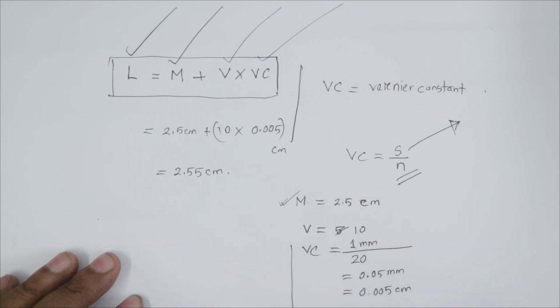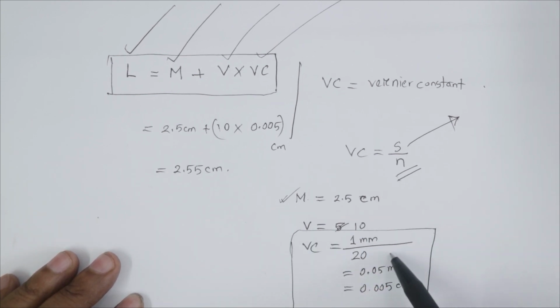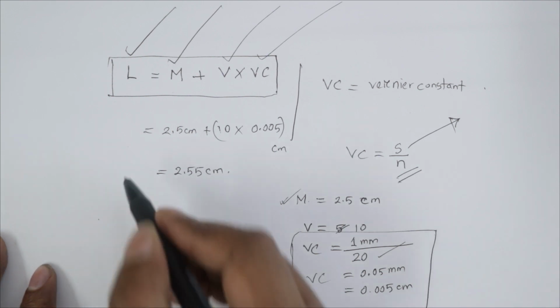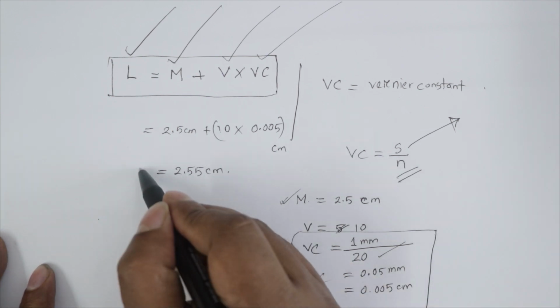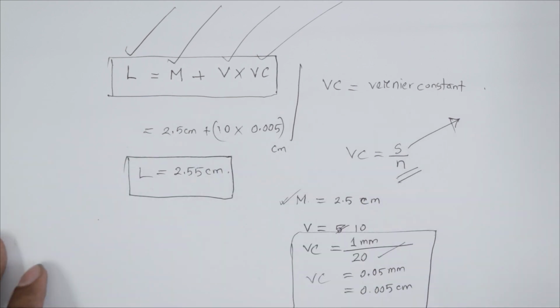In our case, the smallest division in the main scale is 1 millimeter, divided by the total number of divisions in the Vernier scale, which is 20. So 0.05 millimeter is the Vernier constant, which in centimeter is 0.005 centimeter. So the length of the object placed between the outer jaw is 2.55 centimeter.